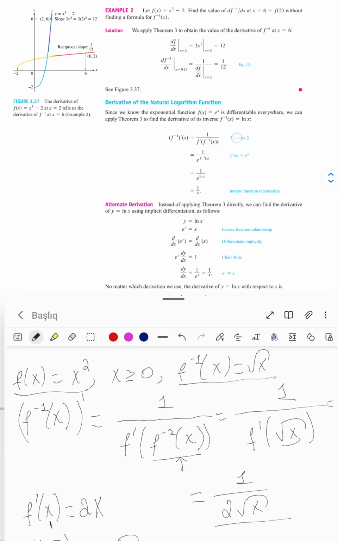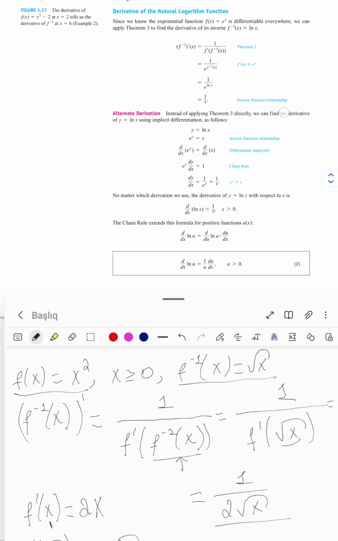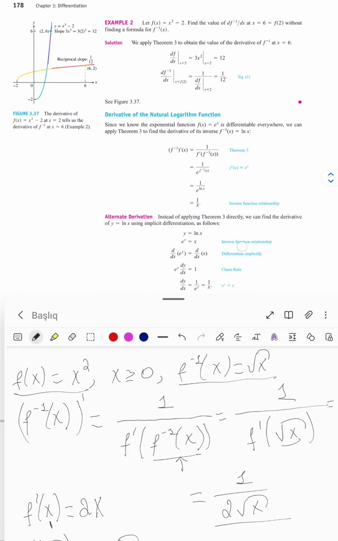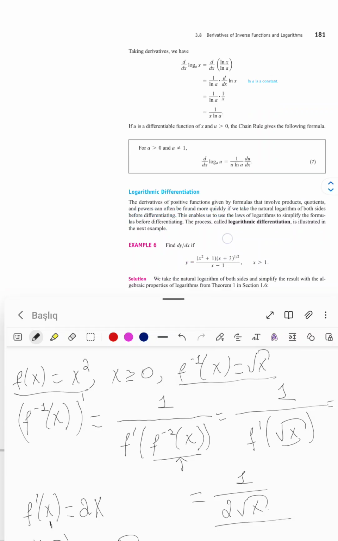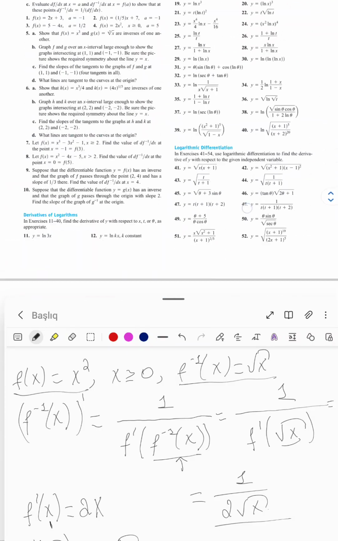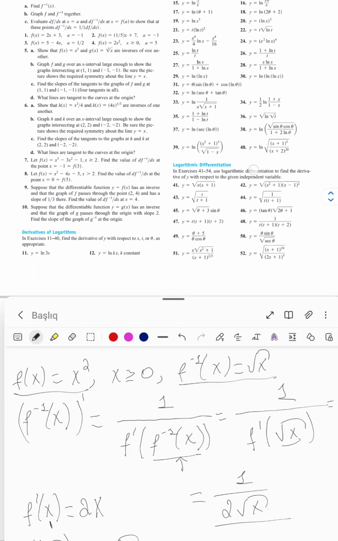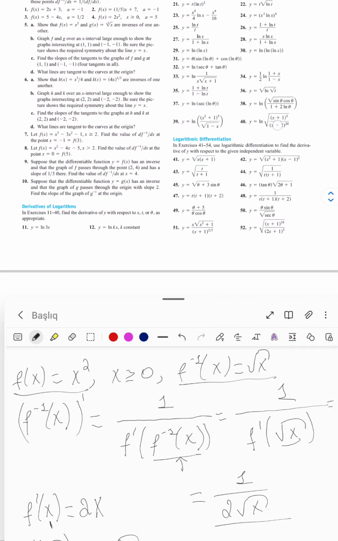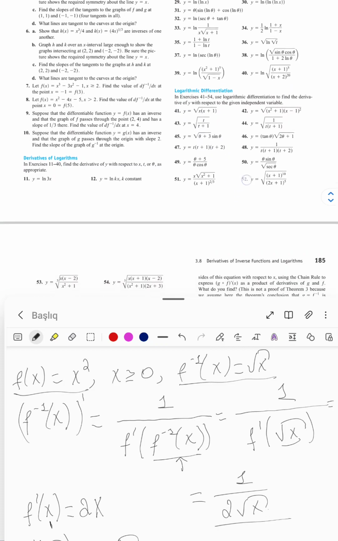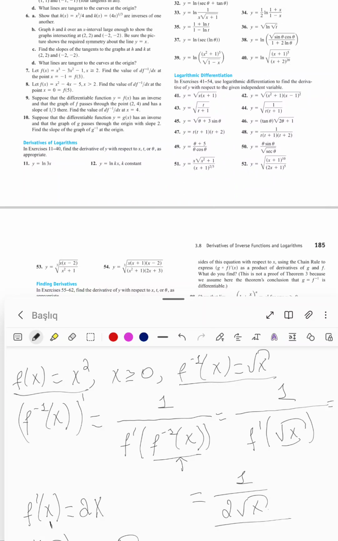Next, the derivative of the natural logarithm function. Let's first solve a few questions about inverse functions, then let's go to natural logarithm functions. We have exercises, including logarithmic differentiation.